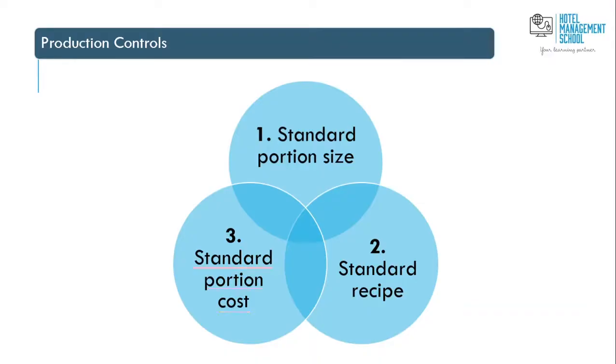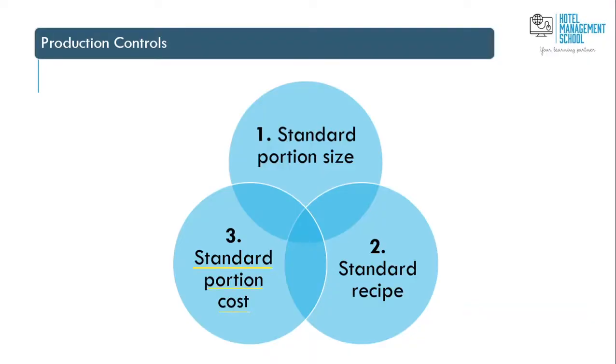Then you are going to get the recipe cost. How much will the recipe be? You will factor in the wastage of the recipe, and also the wastage of converting into the standard portion, because maybe you are able to make three portions, and then there is some leftover. After taking out the three standard portions, there is a leftover. What are you going to do with the leftover? Nothing.